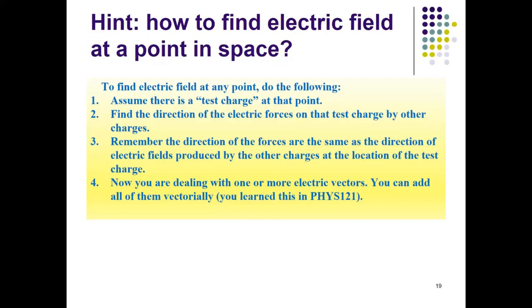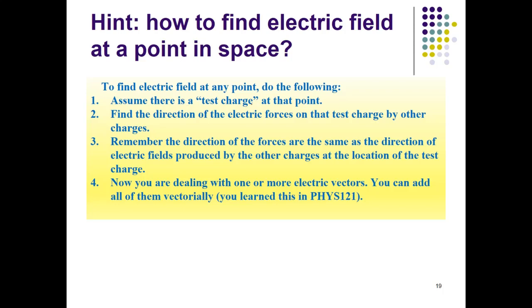Let's get into some other questions. Before we do a question about finding electric field at a point, I have a few hints that are going to help us. If the question asks to find the electric field at a point, it's a good idea to follow these steps. First, assume there is a test charge at that point.